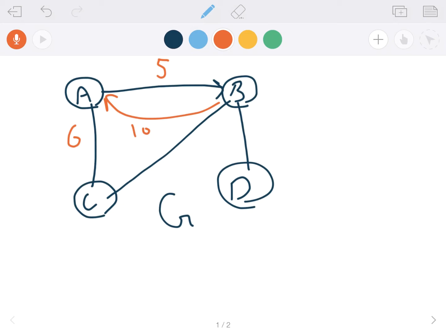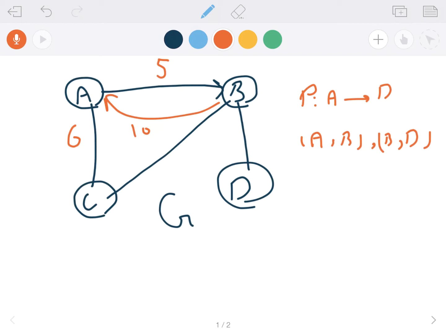So a path is a sequence of edges that goes from A to D. So we can say that a path from A to D is the edge AB, here because it's directed, and from B to D. So this is called a path. Okay, so from A to B and then from B to D.